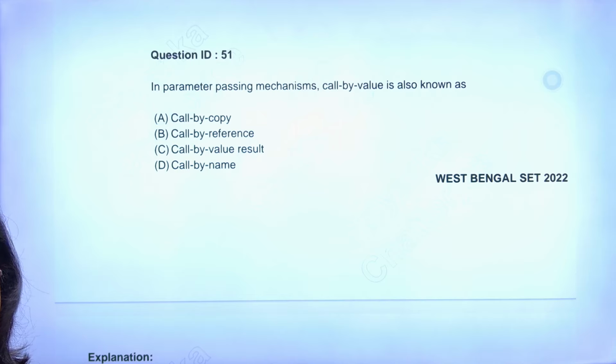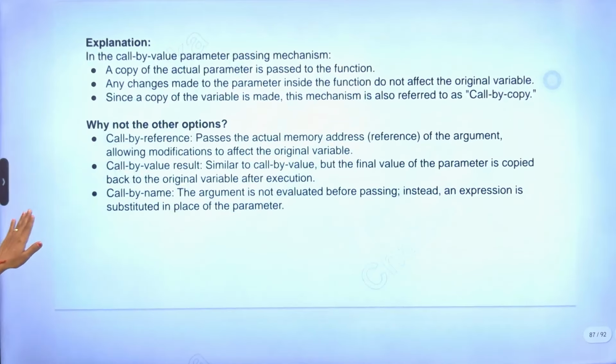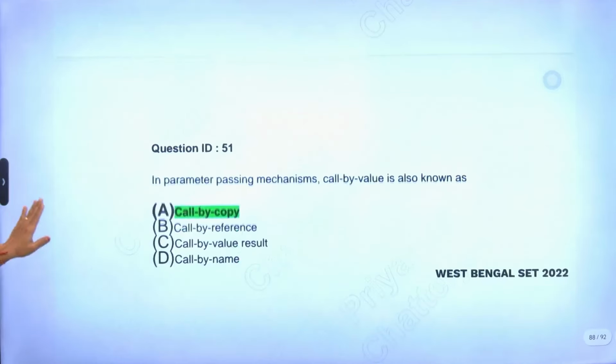Now the poll is here. Parameter passing mechanism, call by value is also known as call by copy. Call by copy. Okay, so the answer is call by copy here.